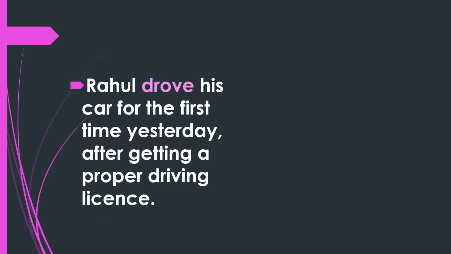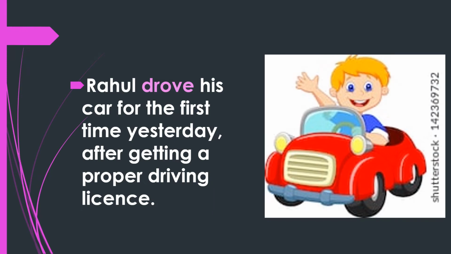The next example is, Rahul drove his car for the first time yesterday after getting a proper driving license. Here in this sentence, drove is the action word, and this action happened yesterday, which means in the past. So drove is the verb which is in the simple past form.